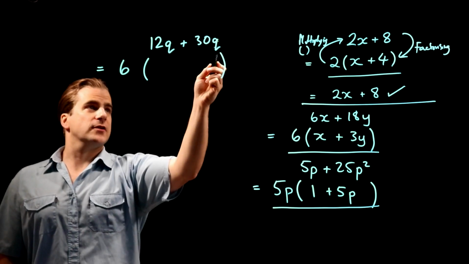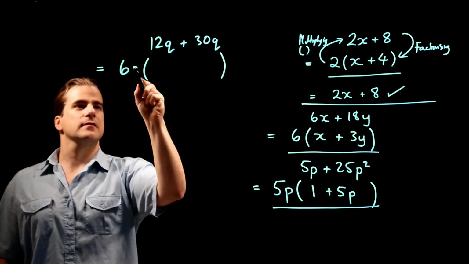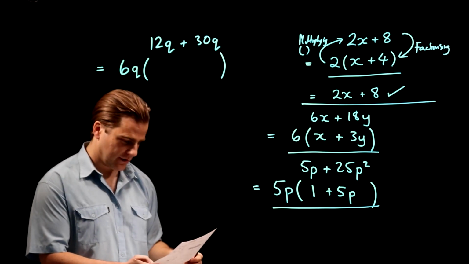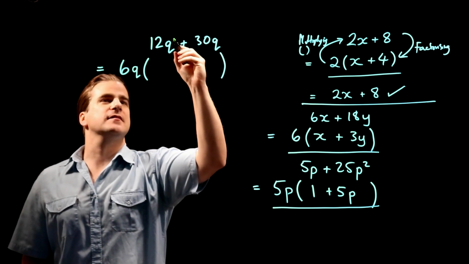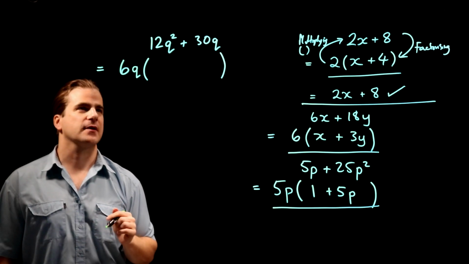Now the variables, q and q. Well, it's q. So we pull out a q. Oh, hang on, did I say q squared? Yeah, let's do it. Let's have a squared there. Let's make this one slightly harder. Okay?